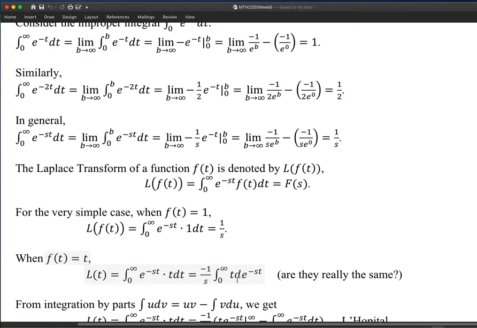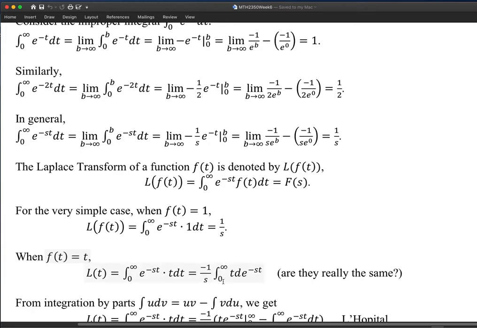The derivative is negative s times e to the negative st. The negative is cancelled by this negative 1 in the front, and the extra s is cancelled by the s in the denominator. So I'm saying those two integrals are really the same. I hope you see that.